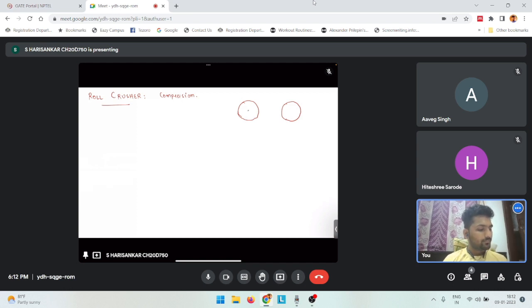Basically, you have two rolls like this, which will be rotating at some pace, and let's say this is our feed particle.